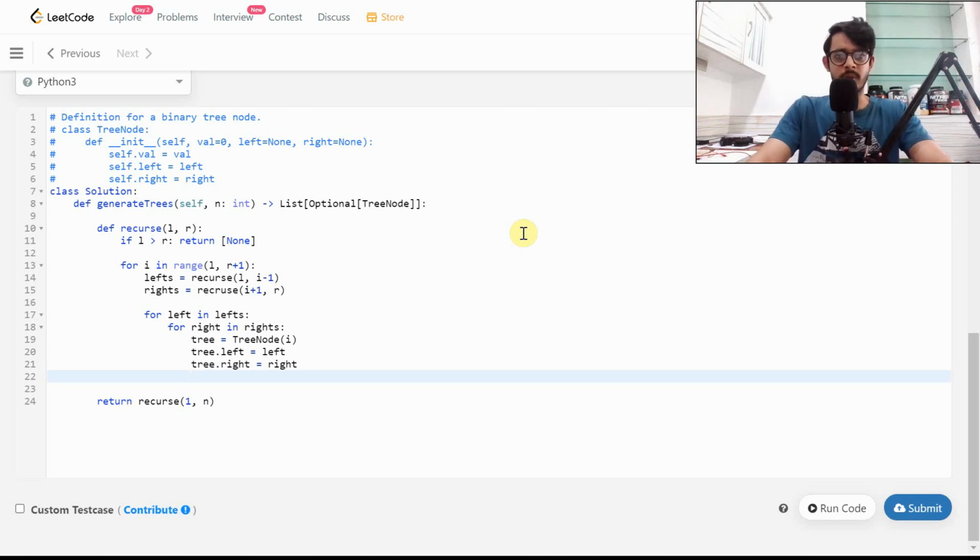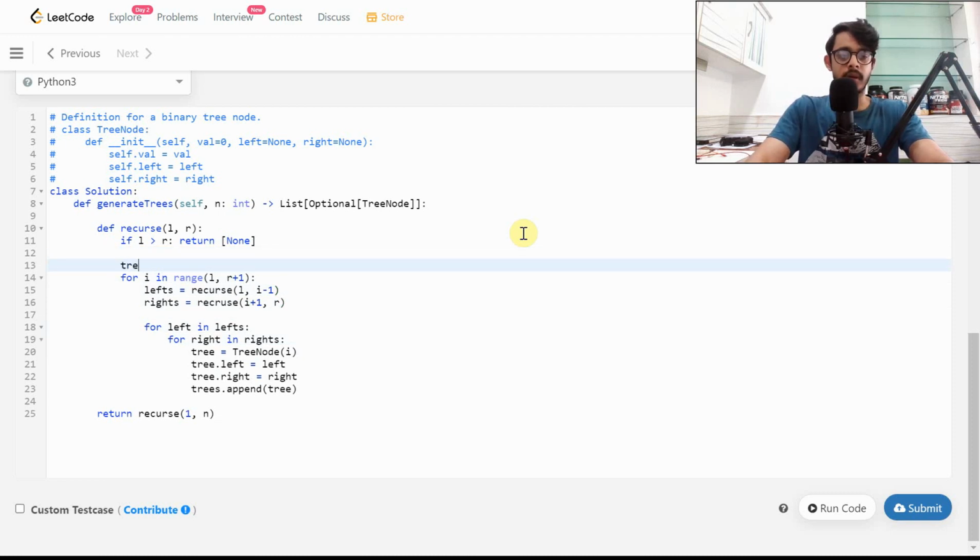At the end, we also want to return a giant list of trees at this particular level. So we'll have trees.append the current tree. We'll initialize it above here as an empty list. And this is the return of the recursion function.